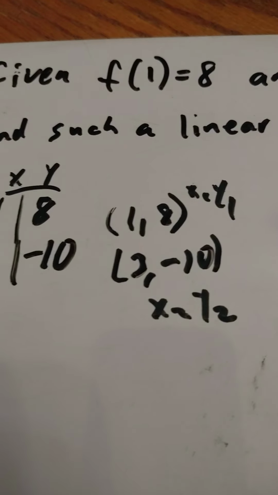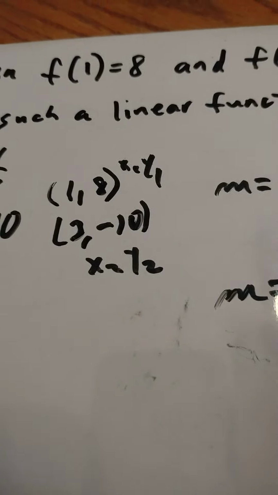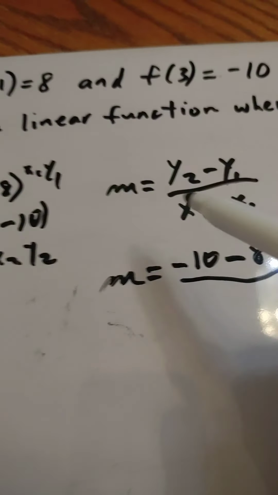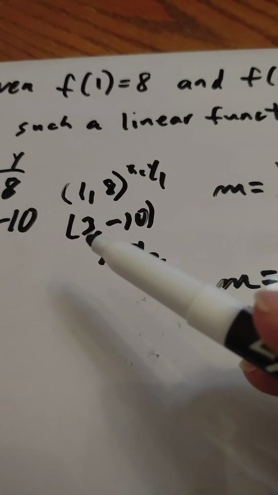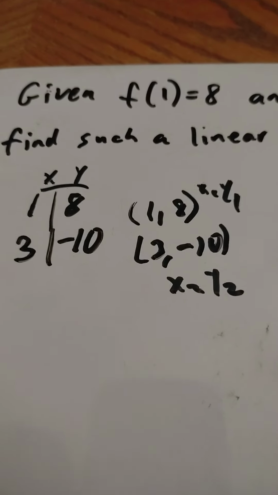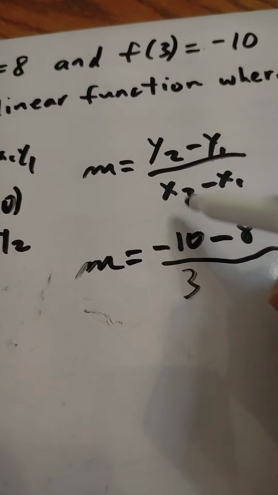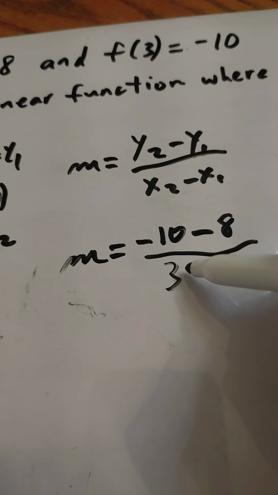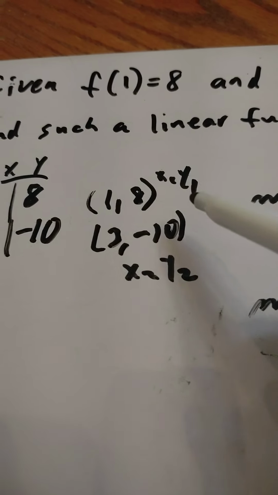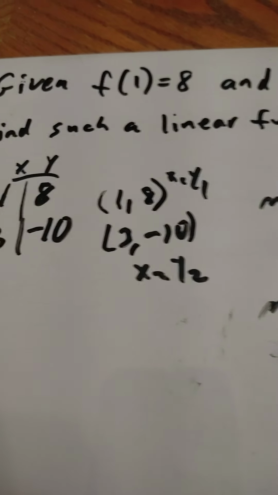So I'm going to write 8 over x sub 2, which is 3, minus, says the formula, and what is x sub 1? X sub 1 is 1.